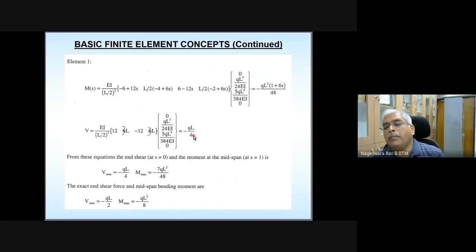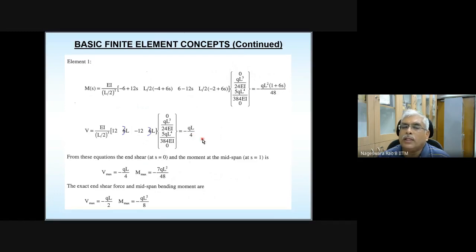Now, at the beginning of today's class, before we started solving this problem, we noted the exact solutions, exact solution at the left hand and exact solution at mid-span. We have taken two elements. In element 1, the first node corresponds to the left hand, and the second node corresponds to the mid-span.